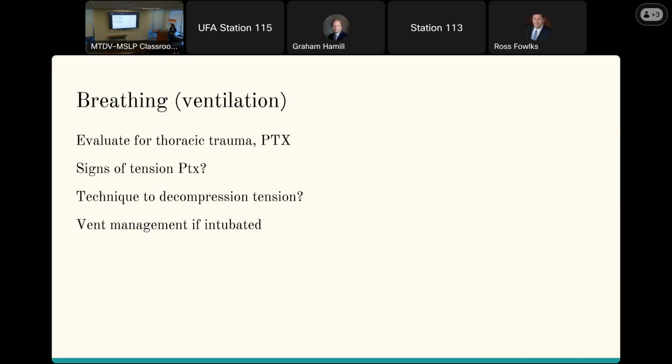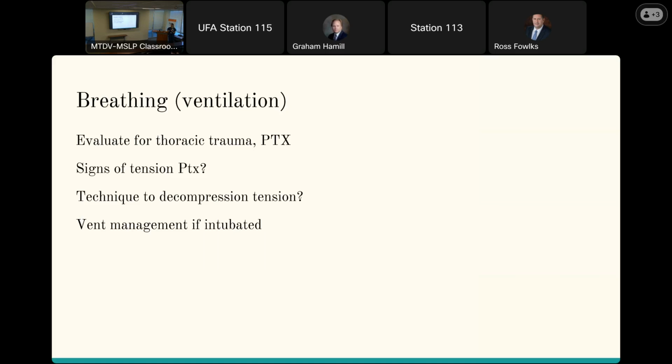I guess I should ask you these signs, but how would you evaluate a patient who has a tension pneumothorax? And like the dullness. Very hard. Yeah.